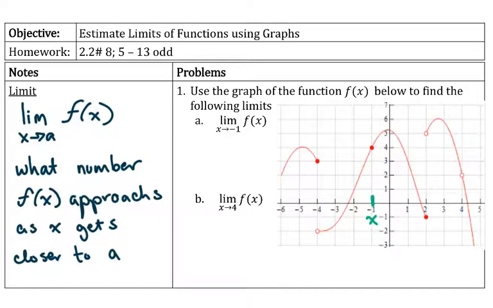And if I look at the function around -1, here, this is what the function is doing around -1. And so we can tell the function is approaching this point here. And so that is the limit. So in this case, we would say that the limit as x approaches -1 is equal to 4.